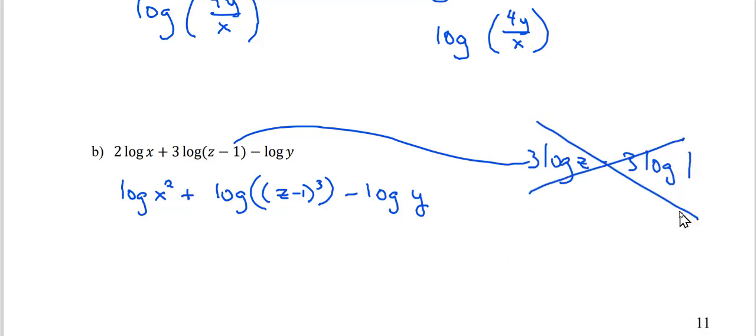That is not correct. Never ever can you separate addition or subtraction inside a single log into two different logs. If you have two different logs added or subtracted, then you can combine them into a single log. But not addition or subtraction inside a single log. You can't do anything with that.